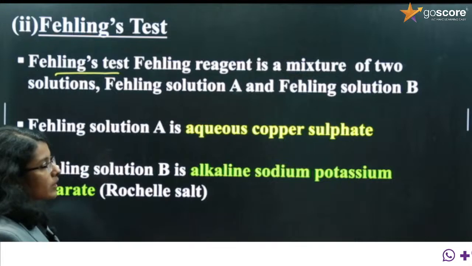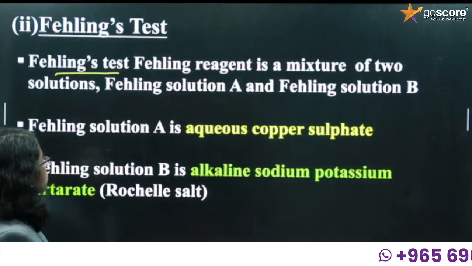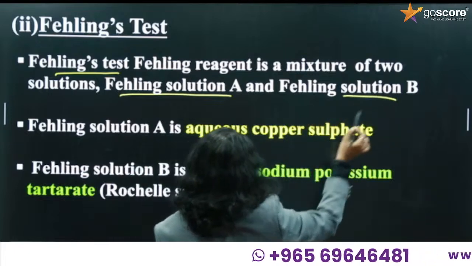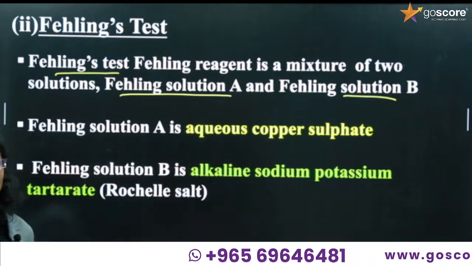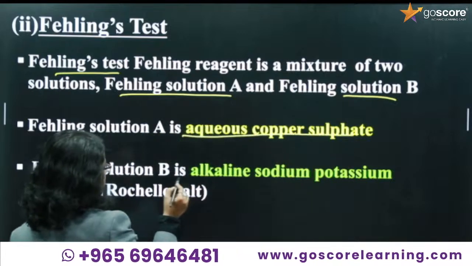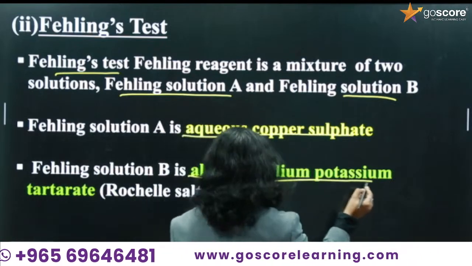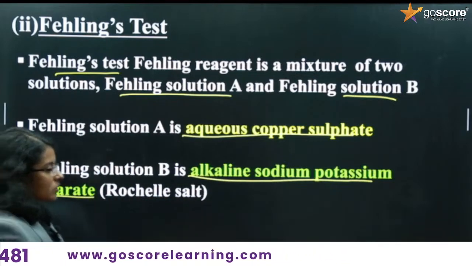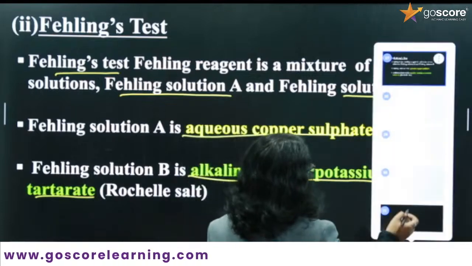Fehling's test uses a mixture of two solutions, Fehling's solution A and Fehling's solution B. Fehling's solution A is aqueous copper sulfate, and Fehling's solution B is alkaline sodium potassium tartrate.